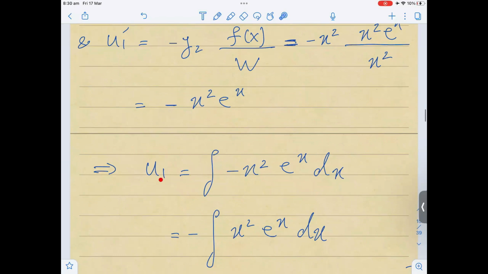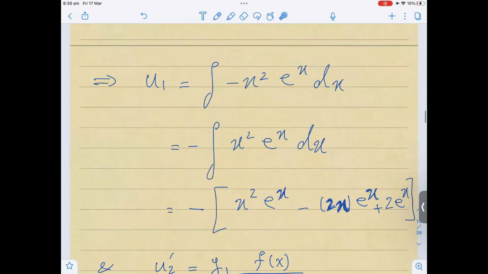So from here, u1 uses integration by parts twice, because the degree of the polynomial is 2, and by the time its derivative is 0, it's decaying derivative by derivative. So I will write a couple of examples about integrating by parts. x squared, I don't touch it.